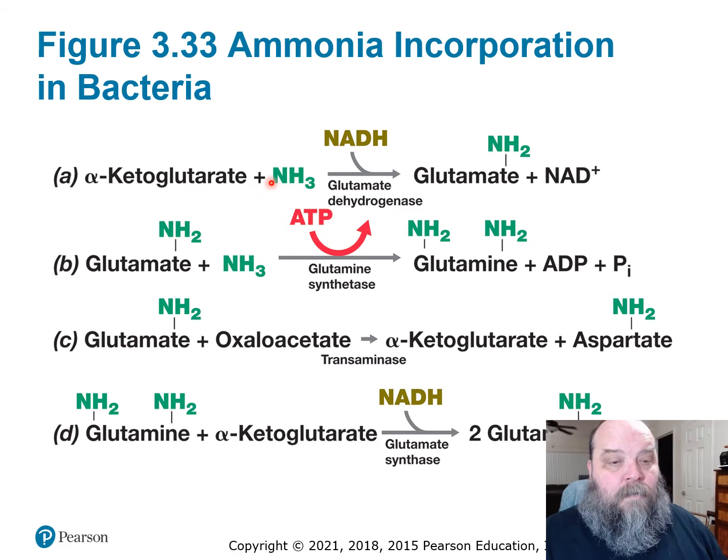Alpha-ketoglutarate plus an ammonia gives you glutamate. Glutamate plus another gives you glutamine. Glutamate plus oxaloacetate gives alpha-ketoglutarate and aspartate. Starting to see the pattern here.